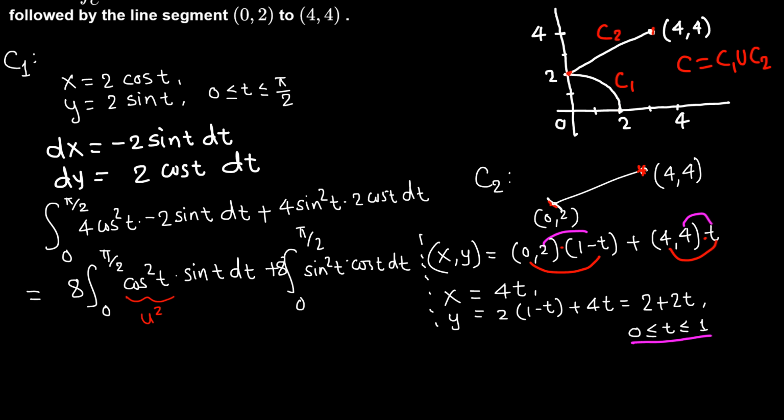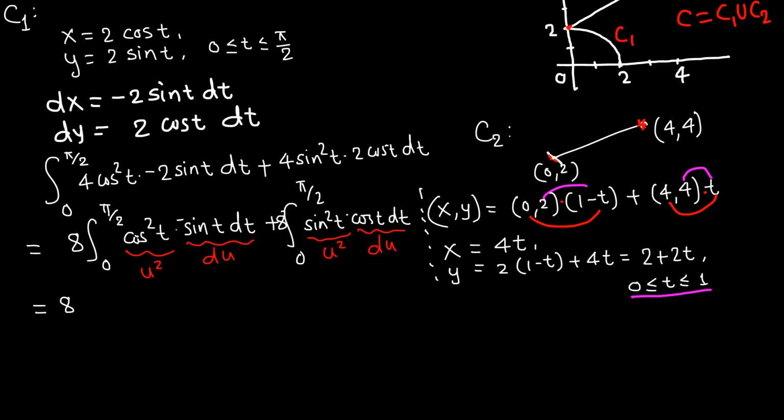Then u is cosine, and the derivative of cosine is negative sine t dt, that's the du part. Similarly here, sine t is u, so this becomes u squared, and the derivative of sine is just cosine. We don't need a negative here, this is du.